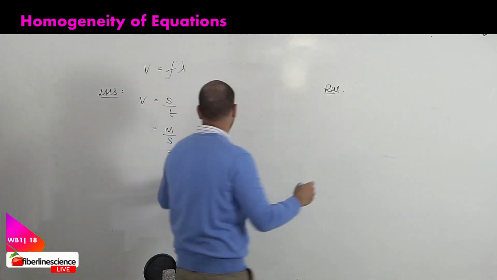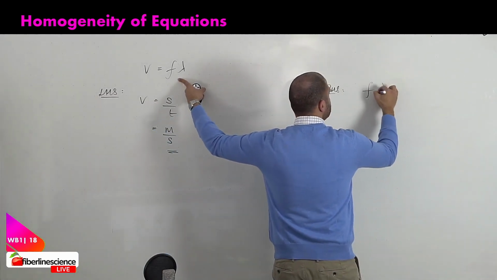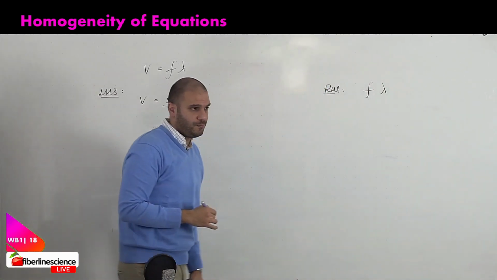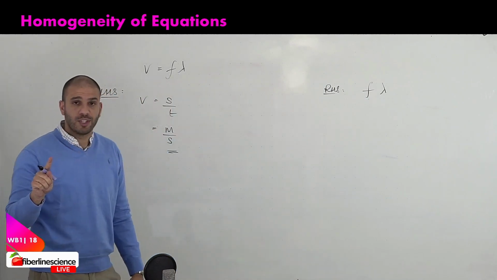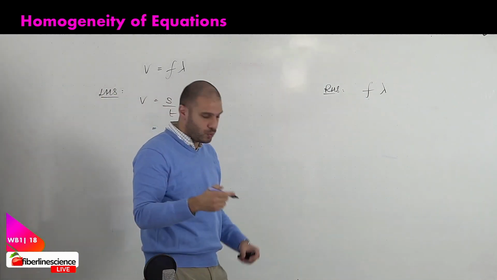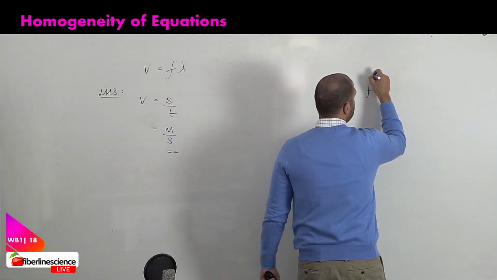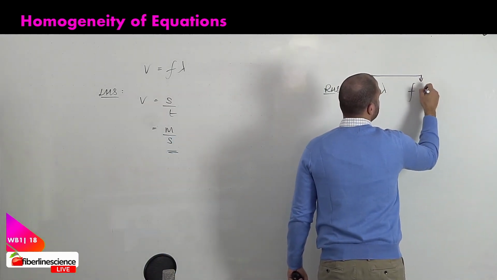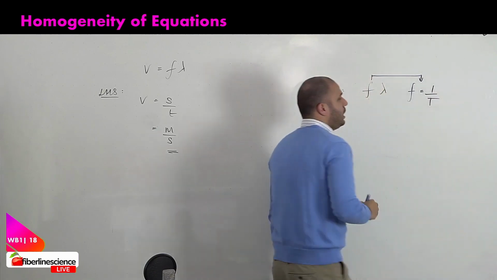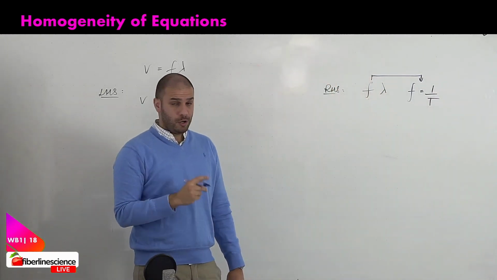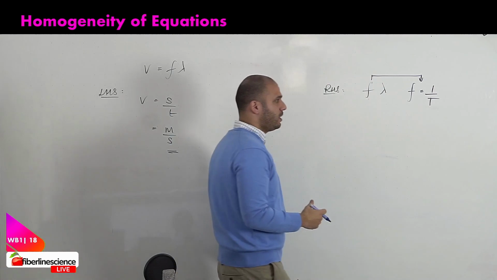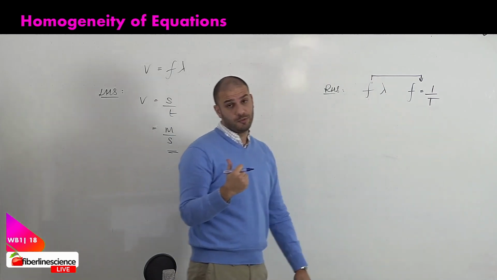On the right-hand side, we've got frequency and wavelength. Now, frequency is not one of those 7 base quantities, so we do need an equation for it. The equation generally used for frequency is 1 divided by the periodic time. It's the inverse of the periodic time. Time is one of those base quantities.